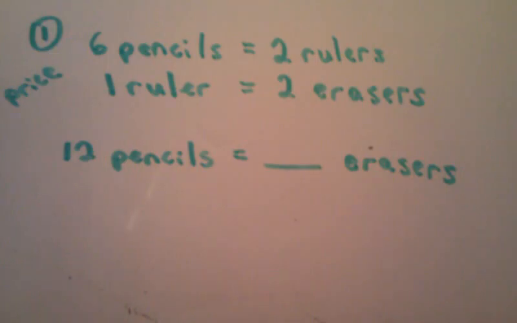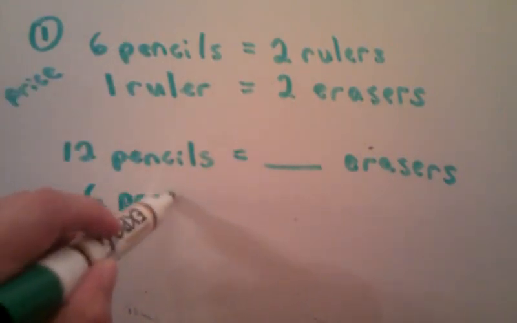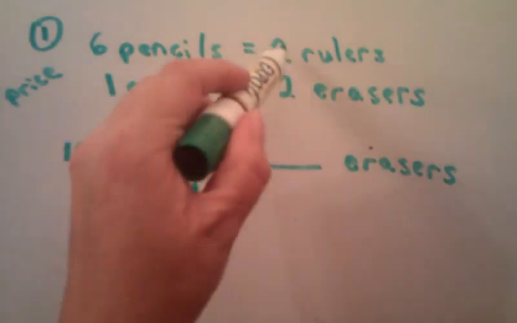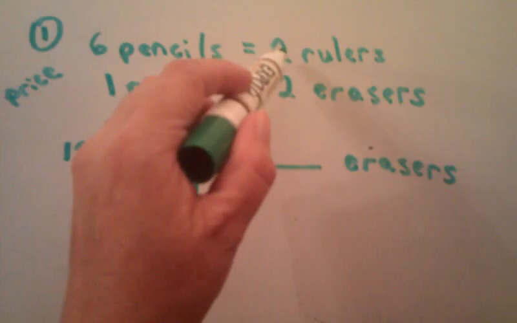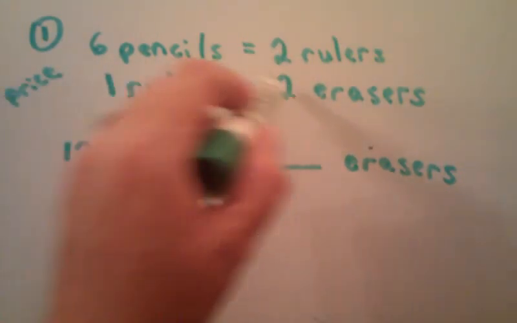Well, do you know what to do? Well, let's look up here. How many erasers? We have 6 pencils are equal to how many erasers? 6 pencils equal 2 rulers. So I need 2 of these. 1 ruler is 2 erasers.